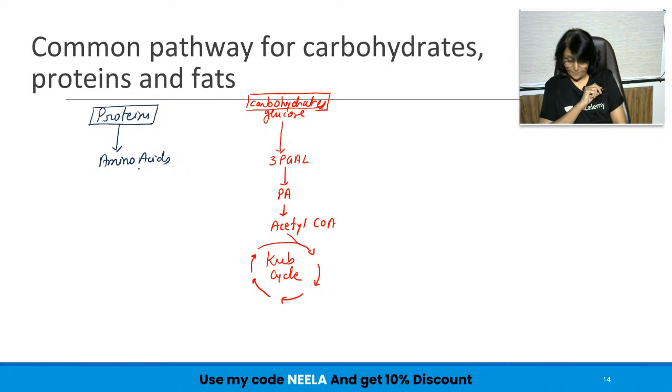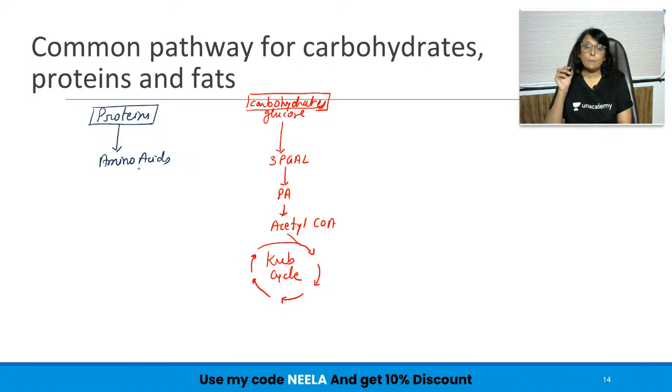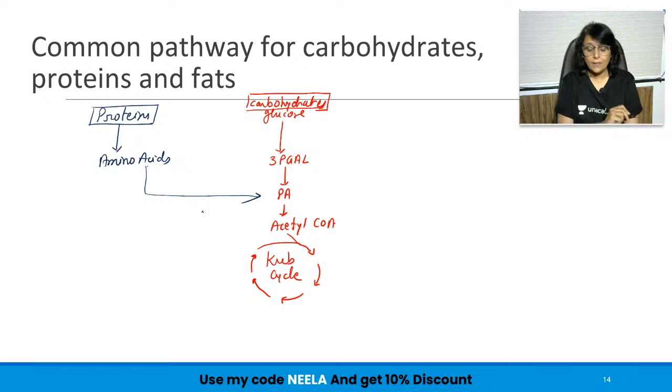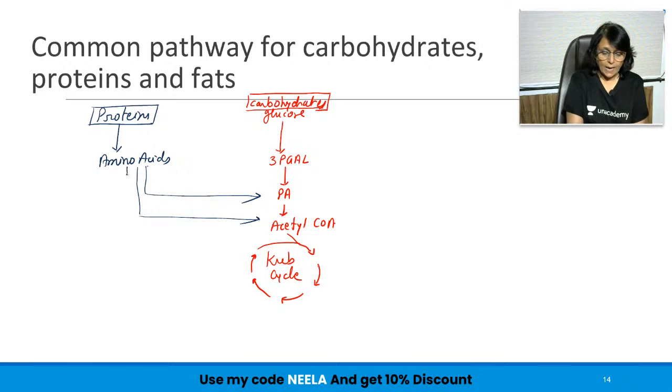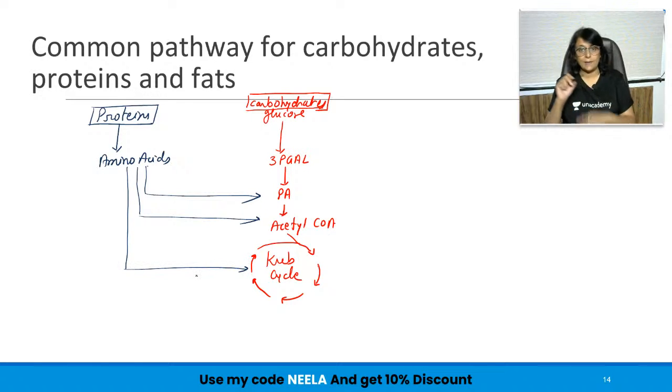Now these amino acids will have to join somewhere in this main pathway, and depending upon where they join, we will be able to calculate the number of ATPs that we obtain. These amino acids join at 3 places. Some join at pyruvate, some amino acids join at acetyl coenzyme A, and some join in Krebs cycle, right?